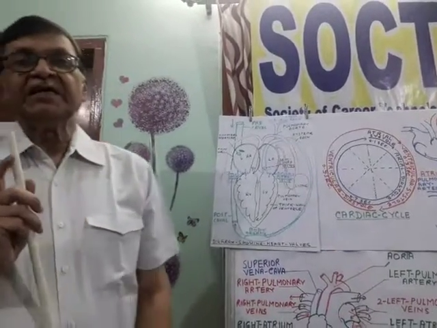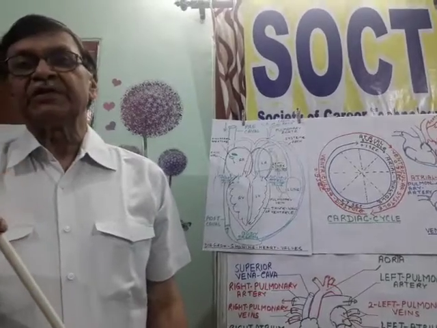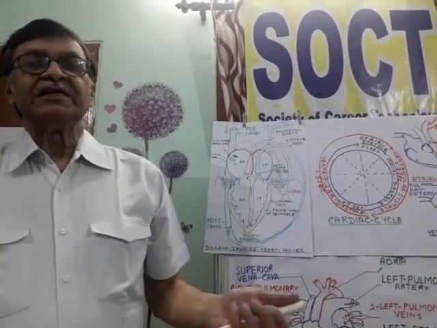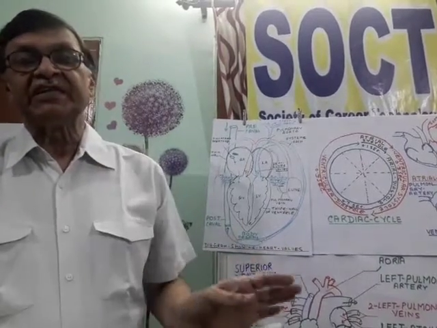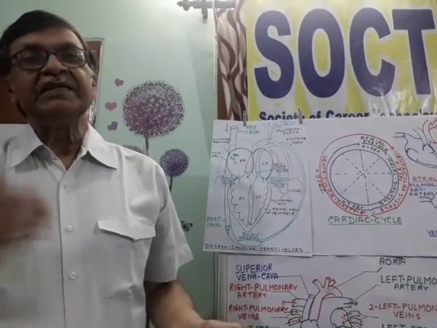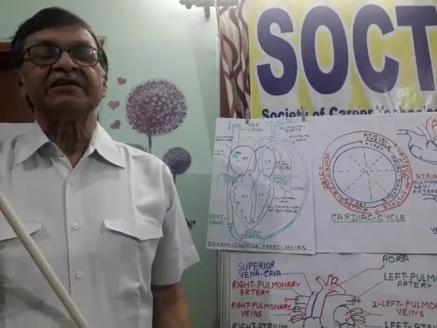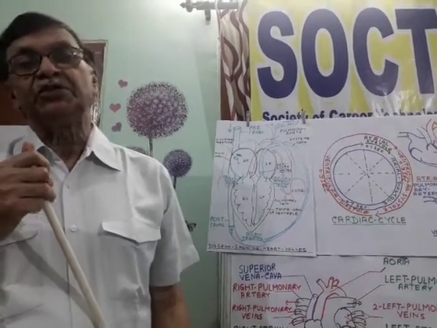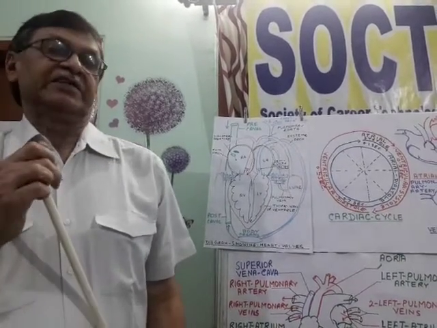Number one. Secondly, as I have told you many times, the real diagrams given in the books cannot be made in the examination in the scheduled time. So you have to simplify it.